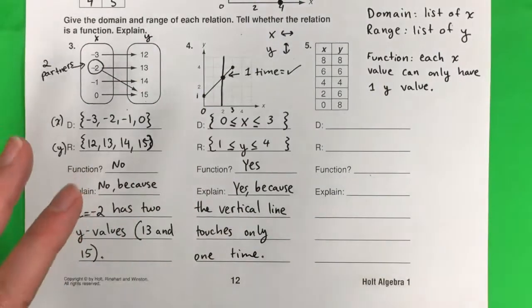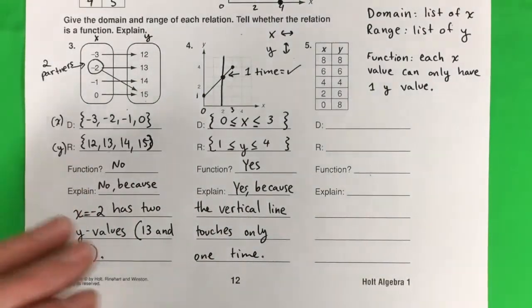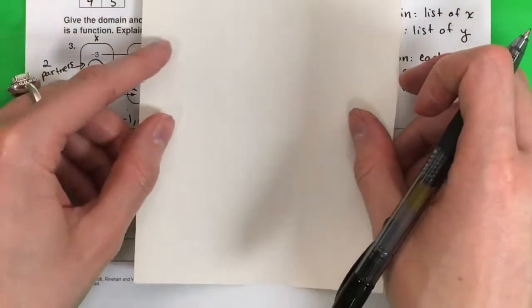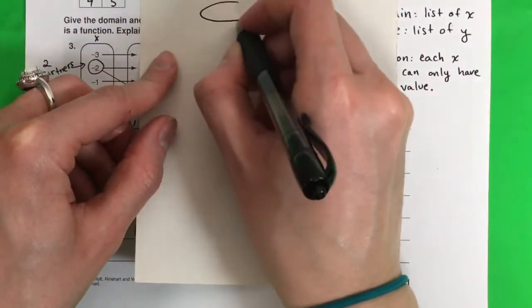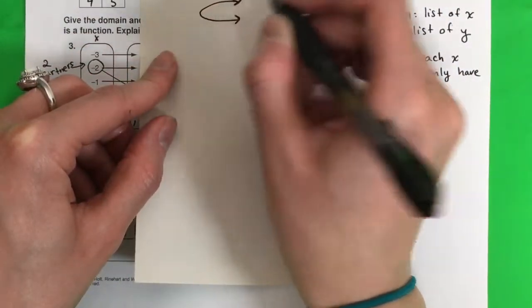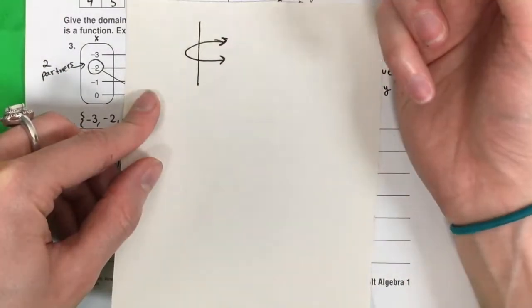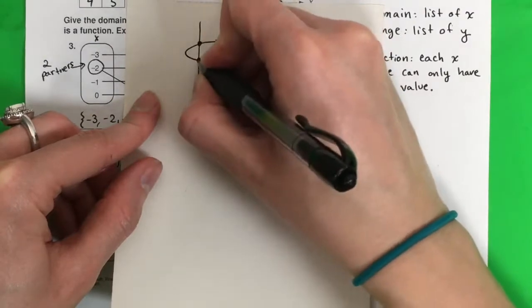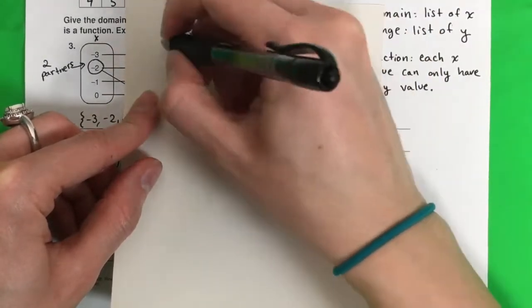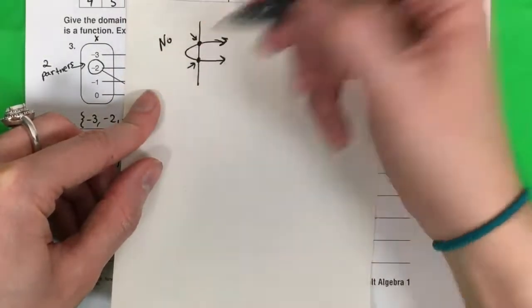Let me give you an example of not a function, okay? So look, if you have a graph like this, okay, and you draw a line, how many times does it touch? ¿Cuántas veces? 2. So this is no, because it's 2 times.